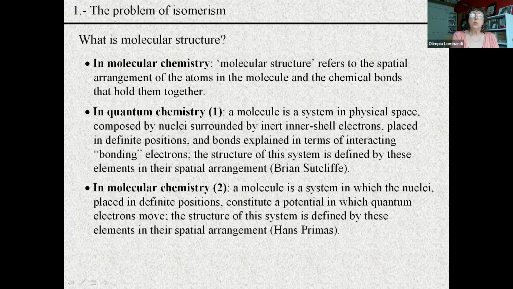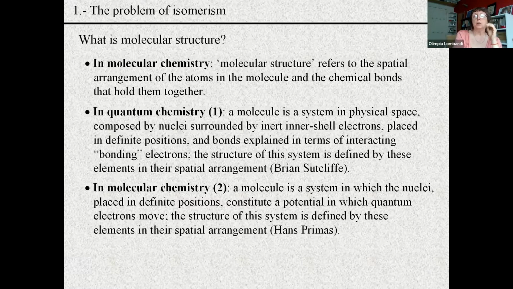Or we can go to a more quantum characterization of molecular structure. From this view, a molecule is a system in which the nuclei are placed in definite positions, constituting a potential in which quantum electrons move. And the structure of this system is defined by these elements in their spatial arrangement. This is something that is implicit in Hans Primas's works.